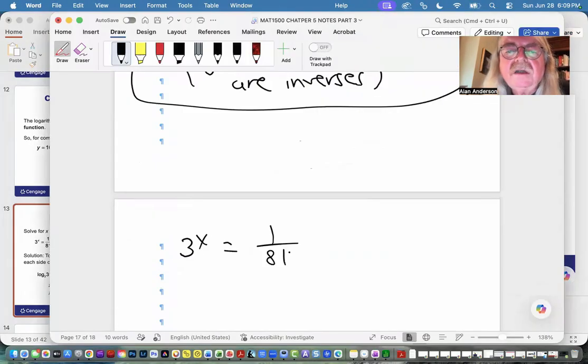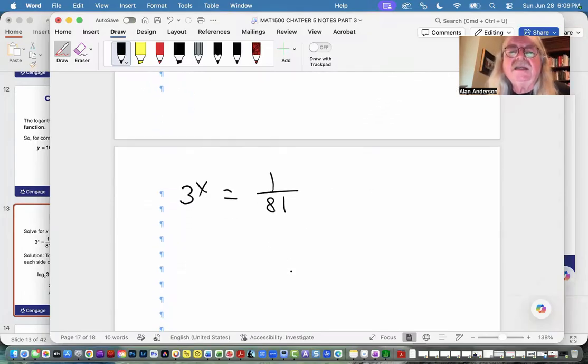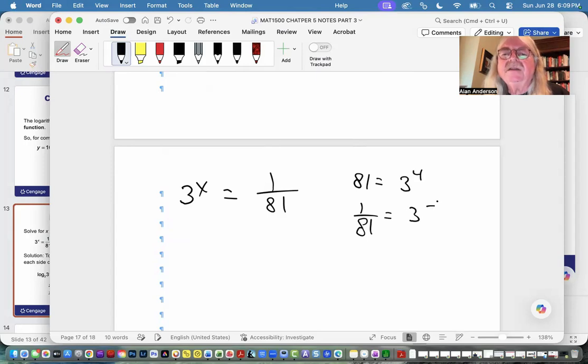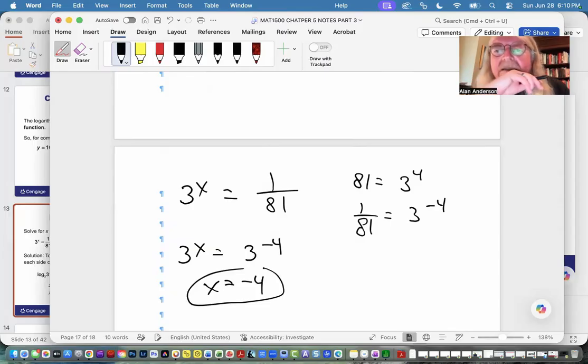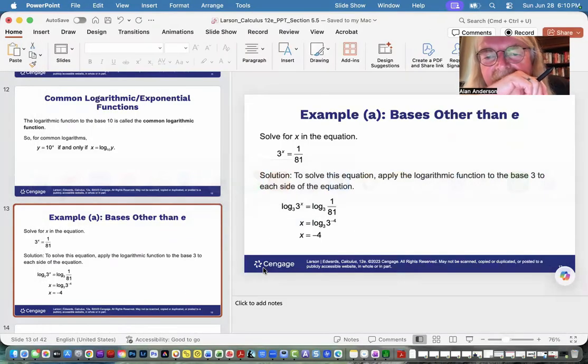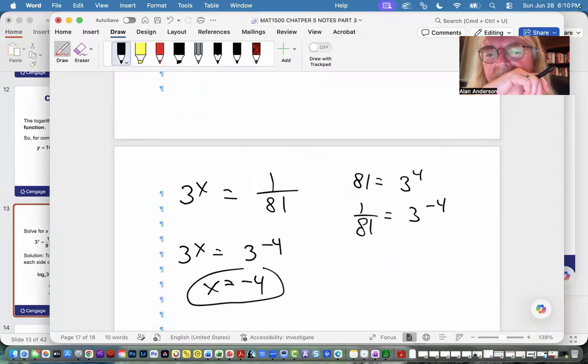Well, what we could do is recognize that 81 is 3 to the fourth. 1 over 81 is 3 to the minus fourth. So therefore, x must equal negative 4, right? So therefore, the answer is negative 4.